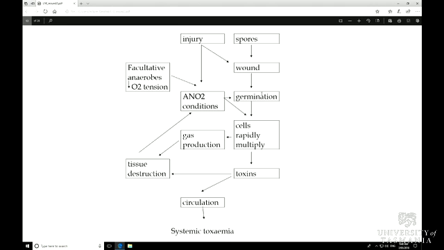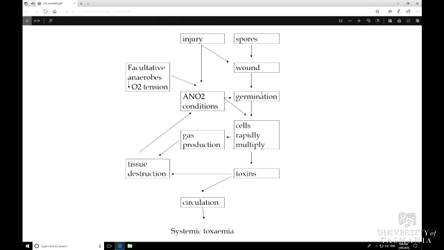There's a circle there of destruction and more growth, destruction and more growth. As well as the tissue being destroyed by the organism and its toxins and the gas, the toxins also spread systemically and cause systemic toxemia. So overall, as a disease, it's horrible and it's rapid.